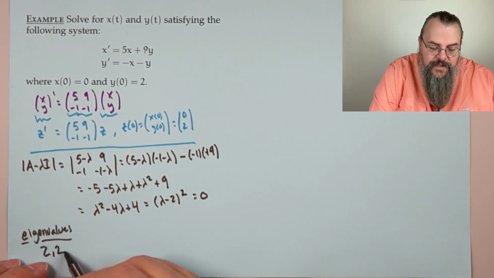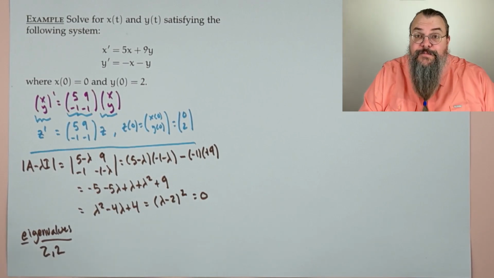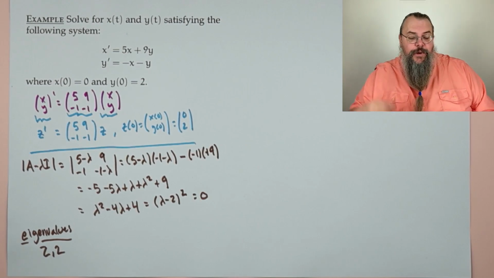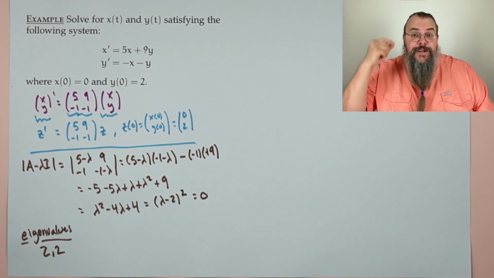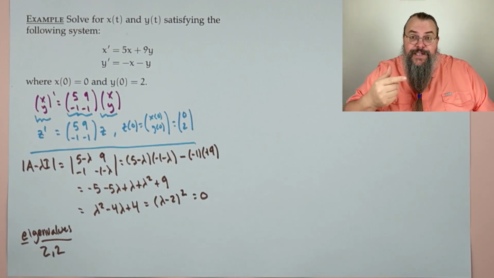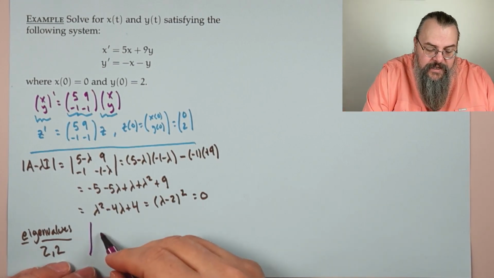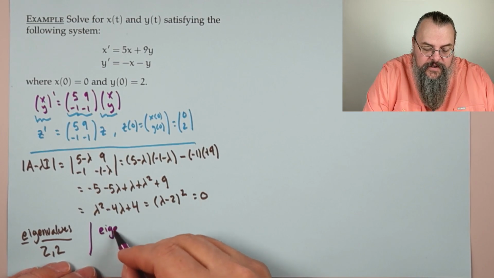But, all right, what comes next? Well, once we know we have repeated eigenvalues, we've got to put ourselves into our, oh, we've got repeated eigenvalues mindset. So the next thing for us to do is to say, all right, let's look for an eigenvector.